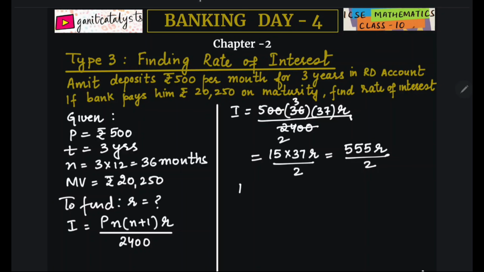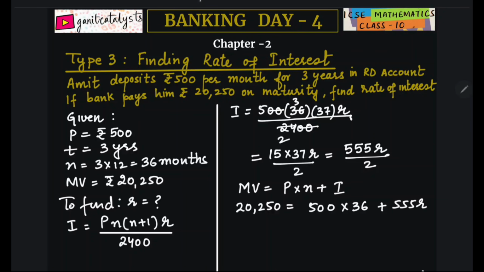Now the second formula to be used, MV is equal to P into n plus I. Now put the values. Maturity value 20,250 is equal to principal 500 into 36 plus 555 R upon 2. Now let us solve it. 20,250 is equal to 18,000 plus 555 R upon 2.